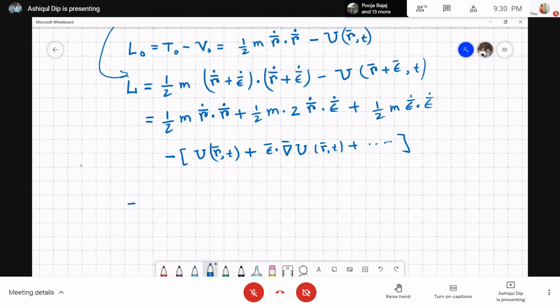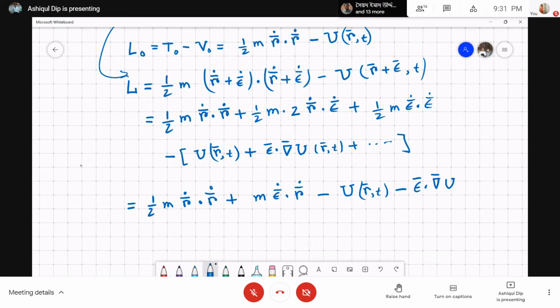So we end up having half m r dot dot r dot plus m epsilon dot dot r dot minus U of r, t minus epsilon dot grad of U, and then finally plus order of epsilon squared.